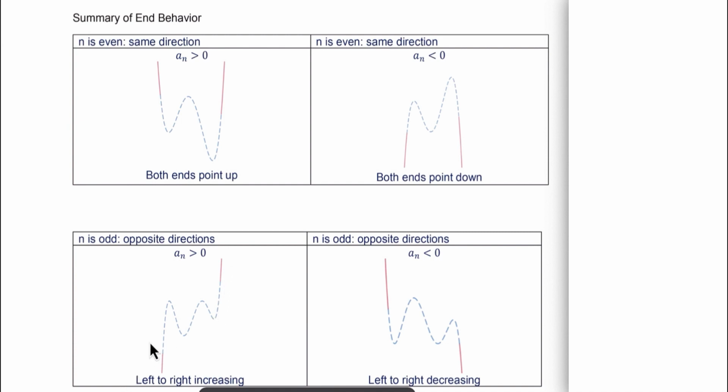But overall, the graph is increasing. And again, if n is odd, but this time the leading coefficient is negative, the end behavior is going to look like this. Overall, the graph will be decreasing. On the left, the graph points up, potential mins and maxes in the middle, then on the far right, the graph is pointing down.